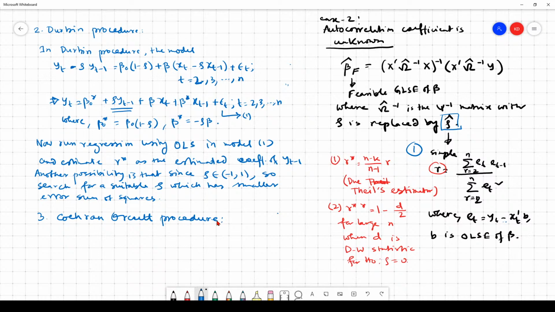And the next method is regression procedure.